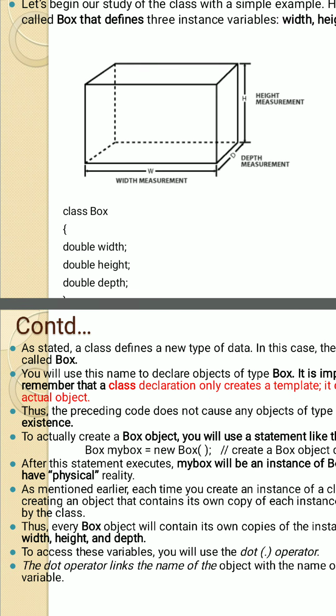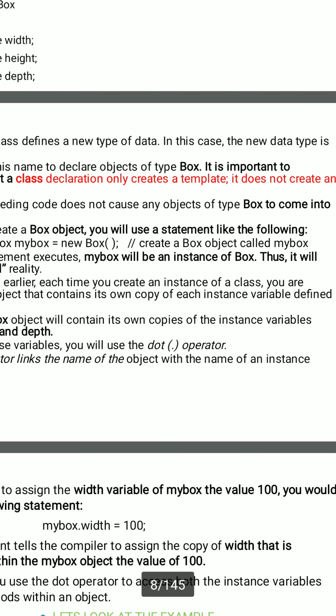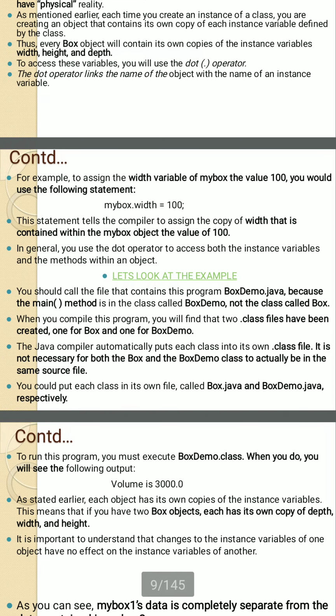After that we have one more class, that is the BoxDemo class. The BoxDemo class has the main method, so we are going to give this name to the file of this program: BoxDemo.java.